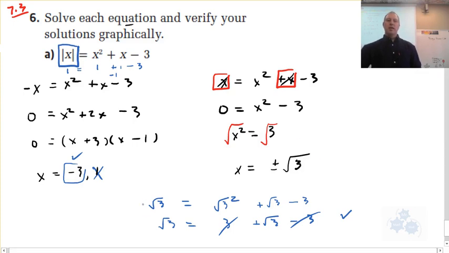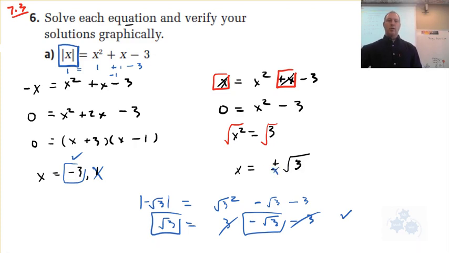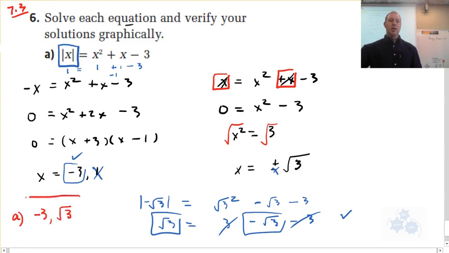If we had absolute value of negative root 3, that would still be positive root 3, but over here, this would be plus a negative root 3. So then you'd have positive root 3 equals negative root 3, which doesn't work. So it looks like the negative doesn't work here. So your solutions for A should be negative 3 and positive root 3. Does that check out?